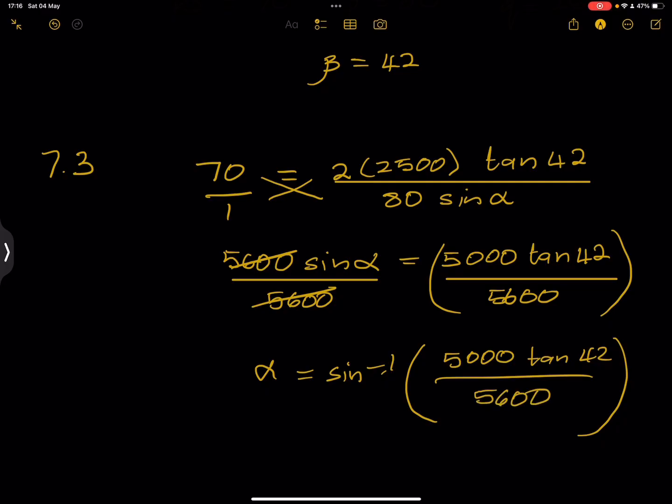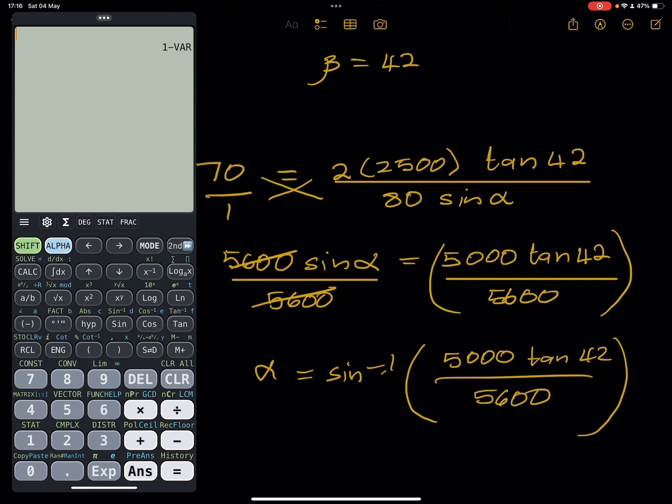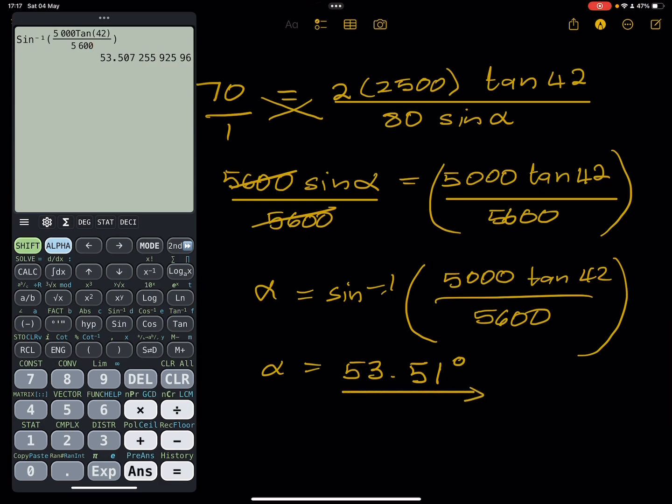So what I'm going to do there is I'm just going to make that into just one thing. So that's 5,000 tan 42, and I am going to close that bracket, and that's divided by 5,600. So I find the angle alpha to be 53.51 degrees, and that's how we're going to find the angle alpha.